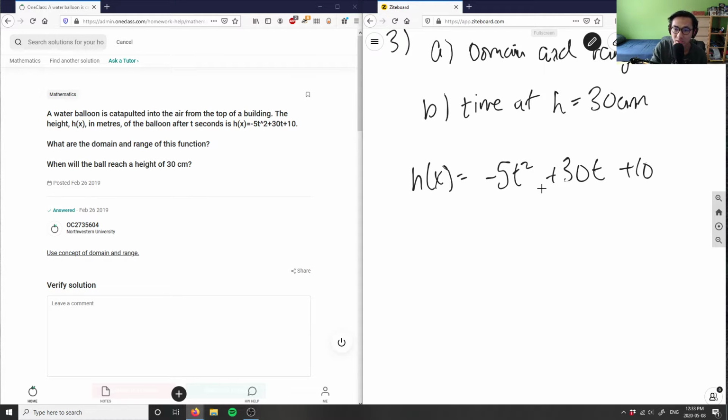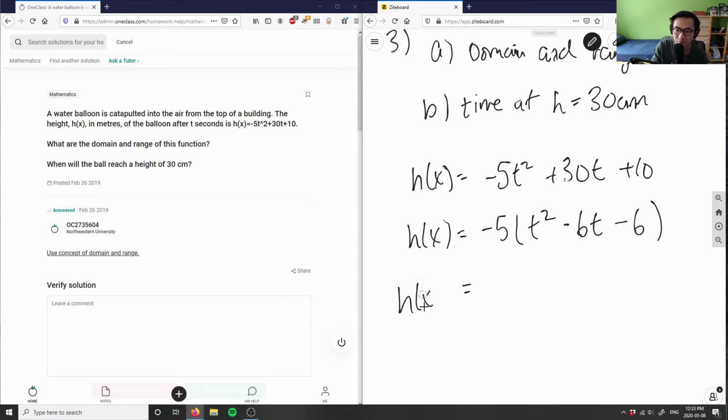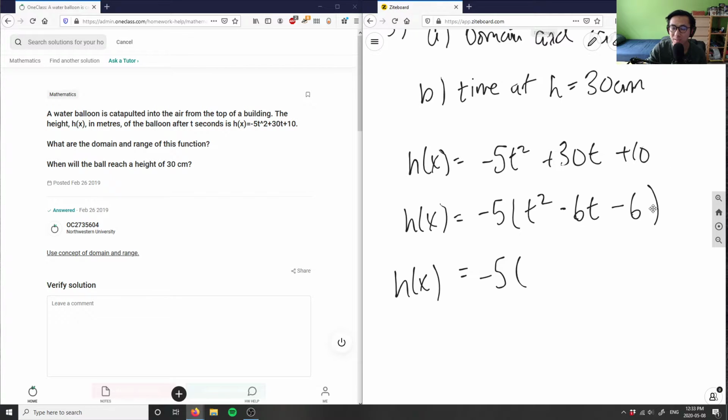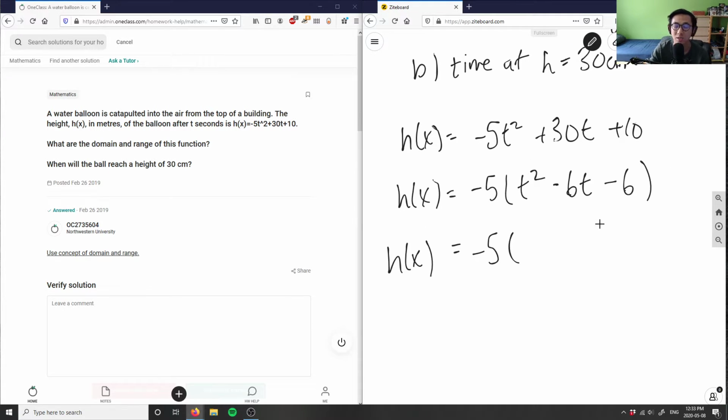So again, if I have h here, what I can do is take out this -5. I'm going to common factor first to get t squared minus 6t minus 6. And then all I'm left with here, by inspection, t squared minus 6t minus 6, I can factor by inspection.